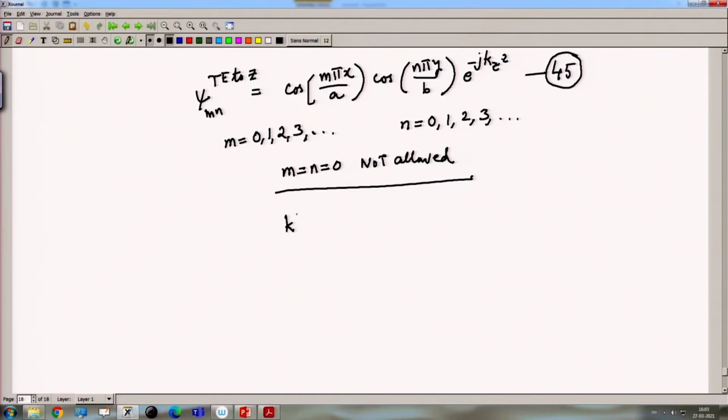So, the same separation equation, k square is m pi by a whole square plus n pi by b whole square plus k z square, holds good.